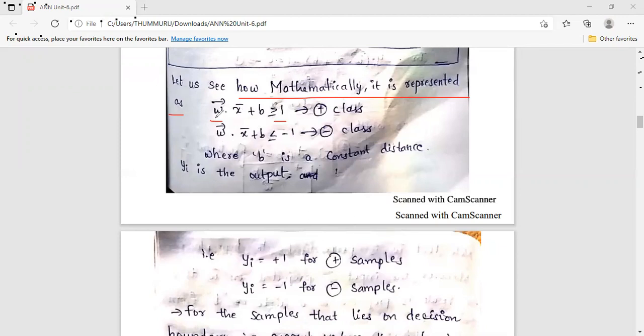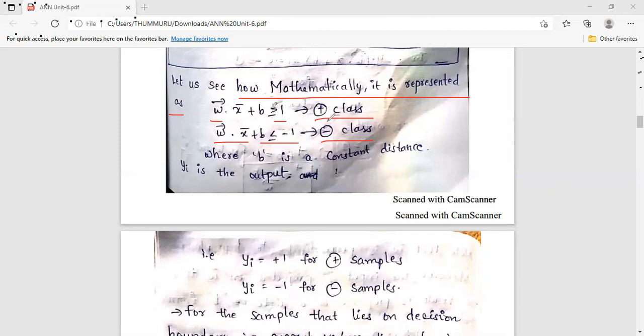The weight vector into x bar plus b greater than or equal to 1 would be represented as the positive class, and weight vector into x bar plus b less than or equal to -1 means that particular data point belongs to the negative class.